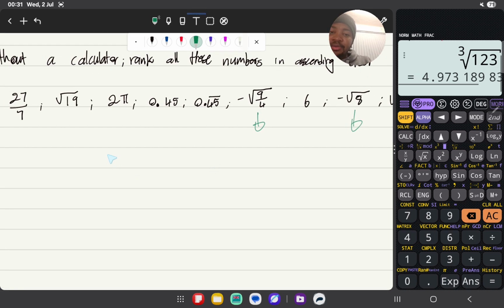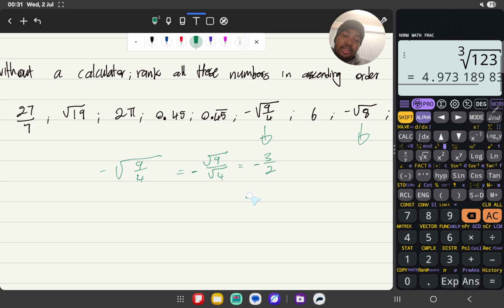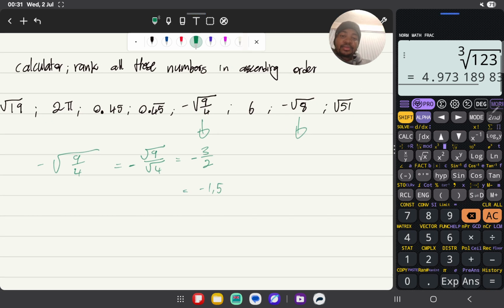We have negative 9 over 4, which is square root of 9 over square root of 4, which is 3 over 2, right? So this is gonna be negative. And that is actually negative 1.5, right?